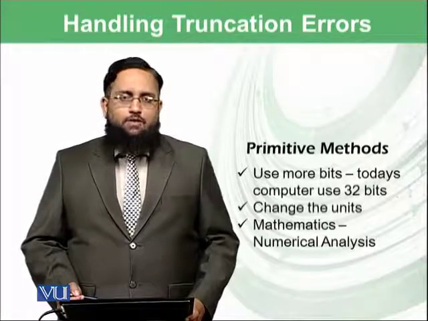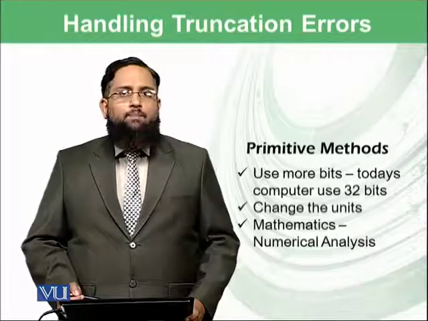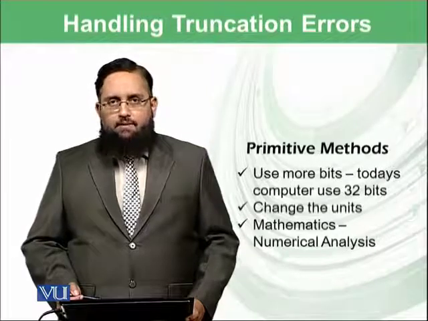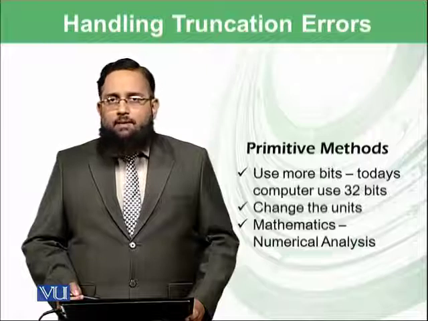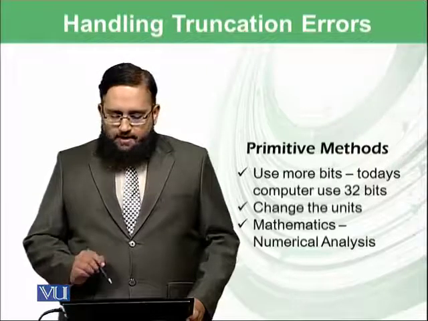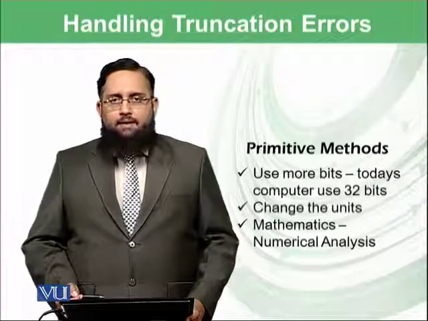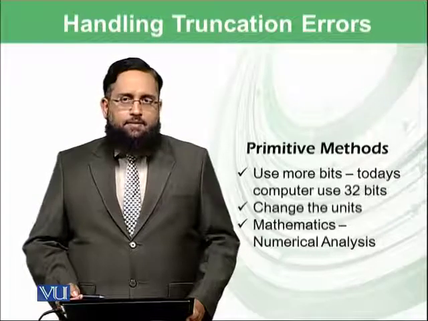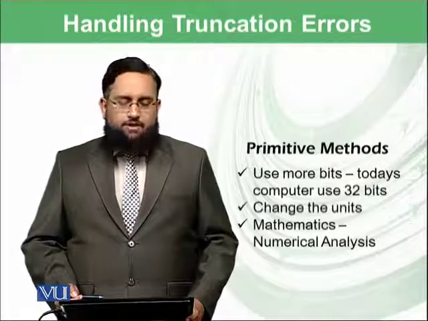In such a situation, as we have learned when truncation error occurs in whole numbers using 2's complement, we should try to convert the units. For example, measuring something in kilometers rather than meters would reduce the chance of truncation.